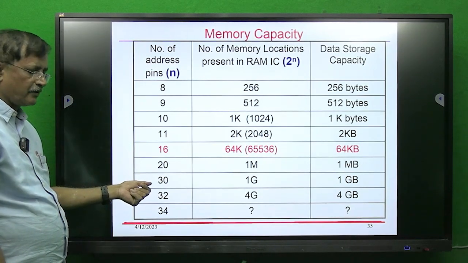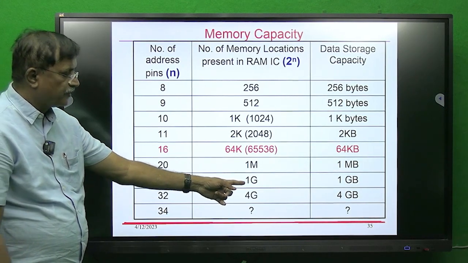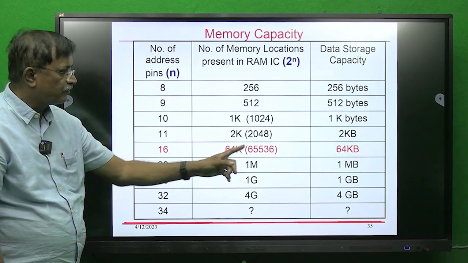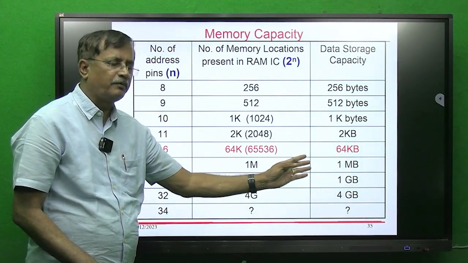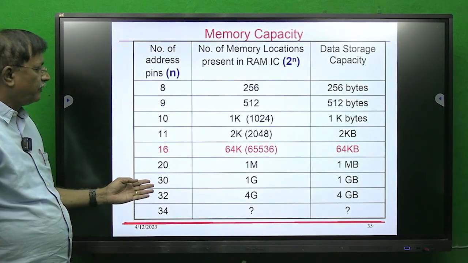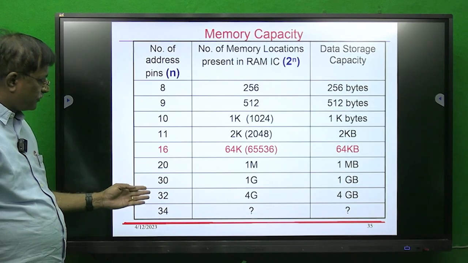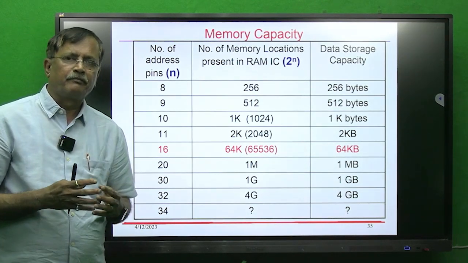If you have 30 address lines, then 30 address lines will be decoded. You can have 1 giga locations, and in each location you can store 1 byte. So 1 gigabyte of data you can store, provided the processor uses a 30-bit address. If the processor is giving a 32-bit address, now it depends.